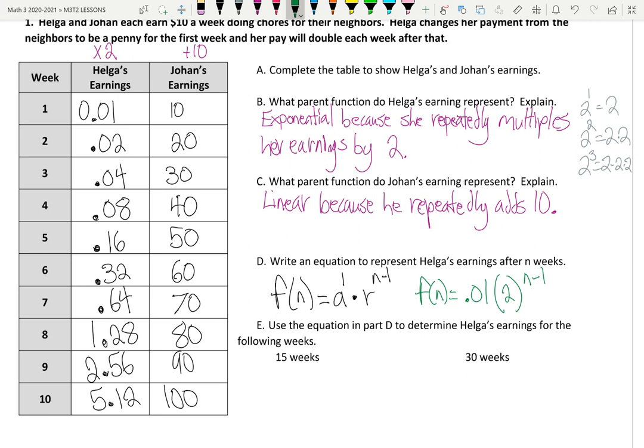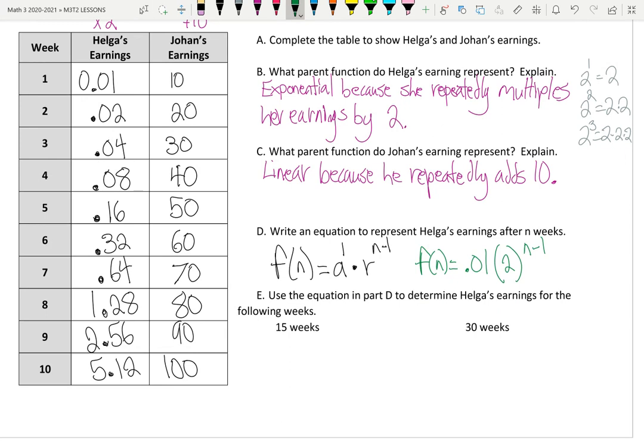Use the equation in part D to determine Helga's earnings for the following weeks. So I'm going to go ahead and use this equation. I have to figure out f of 15, which is equal to a penny times 2 to the 15 minus 1. This is going to be f of 15 is equal to a penny times 2 to the 14th power.